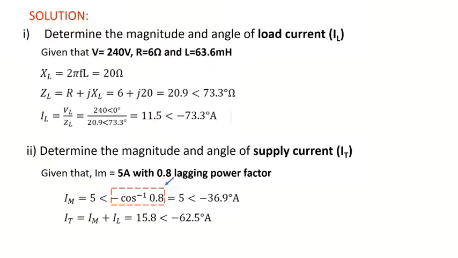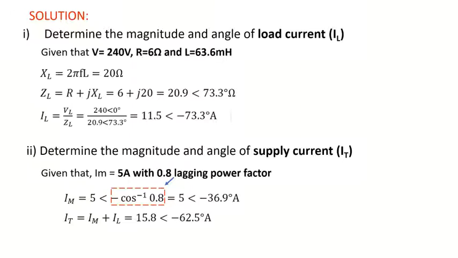So the supply current is the summation of IM plus the load current. IL here is 11.5 with minus 73.3 degree, plus your IM, 5 with minus 36.9 degree.